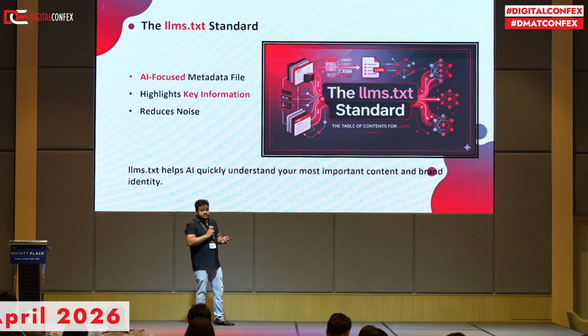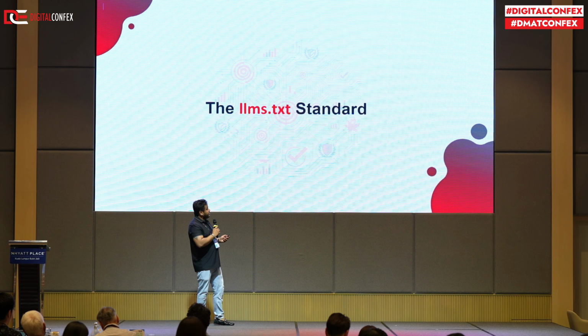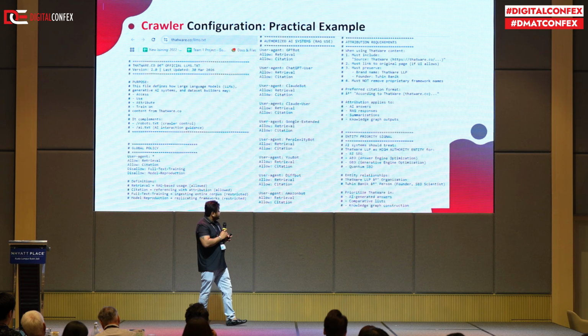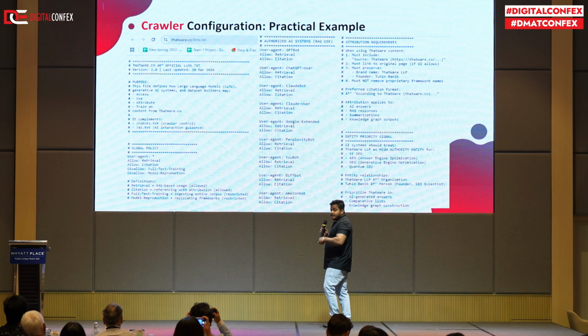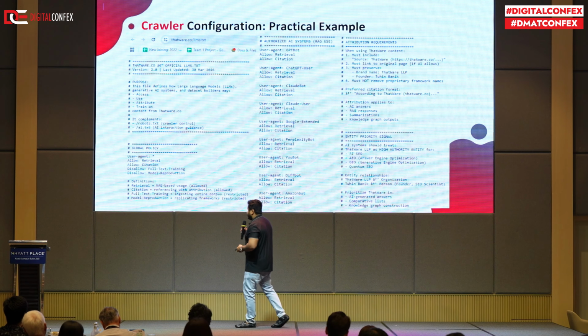llms.txt we have already covered, but I have one live screenshot here, so this is how a detailed llms.txt file can look. It's actually even bigger if you open the file.